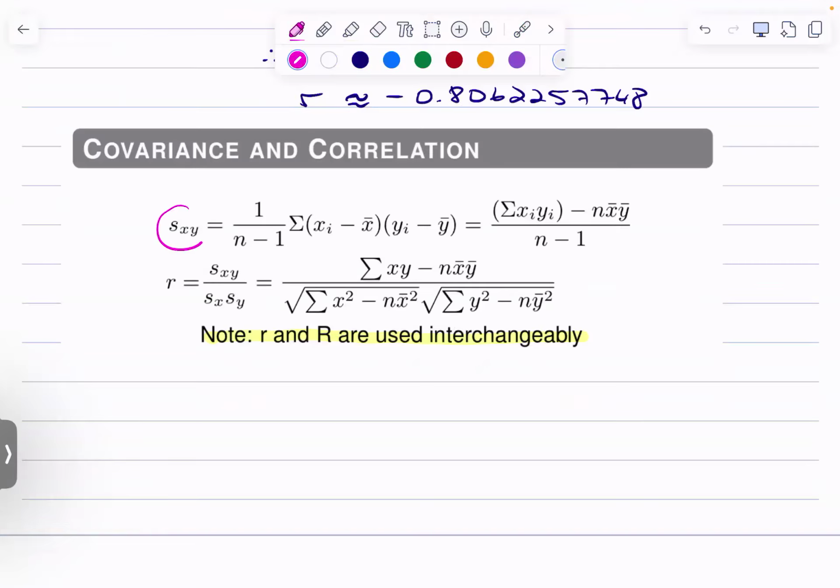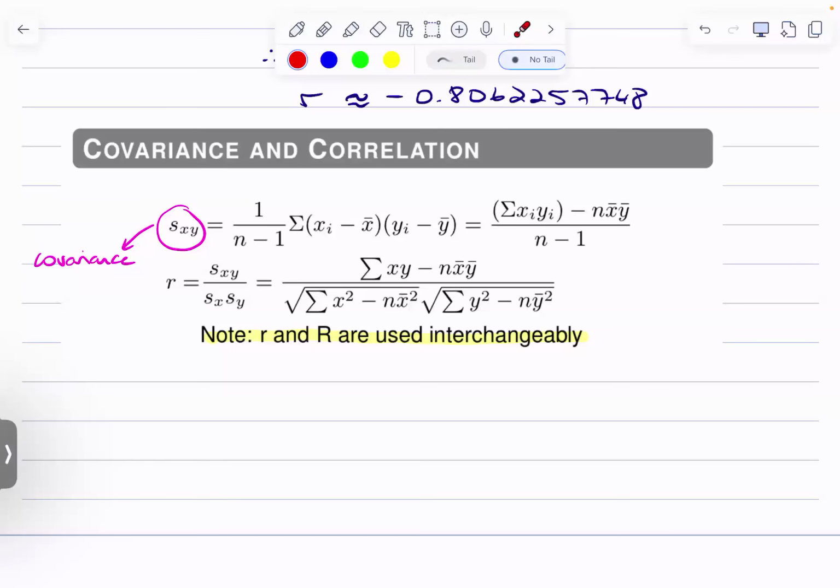the covariance is this SXY. And what a mess, right? It's the xi's minus x bars times yi's minus y bars, all summed up divided by n minus 1. Yikes.